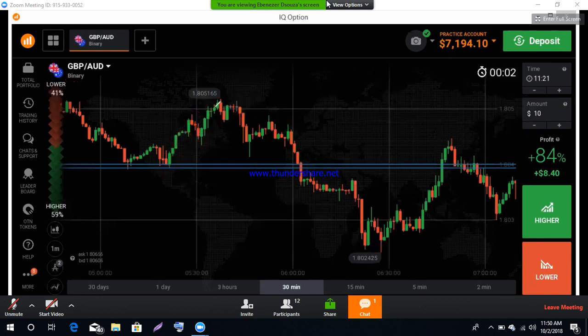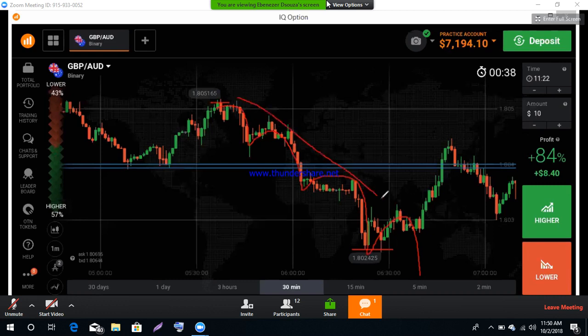So this is downtrend. The downtrend started from this place and ended here. So you can see the market is following this trend. Again it must go down, but it didn't go down, it reversed from this level. It means the market is not following the trend.